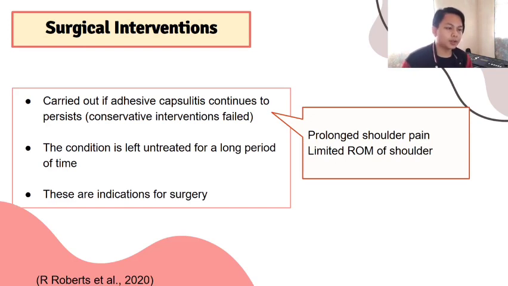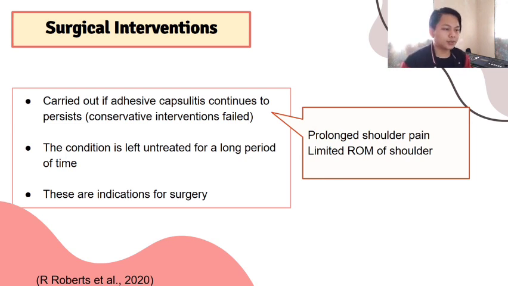So surgical methods will be carried out if the adhesive capsulitis still continues to persist, in which conservative interventions that have been carried out throughout the patient's treatment plan fail to achieve their goals. This also means that the patients, even after their treatment plan, still suffer from prolonged shoulder pain and also limited range of motion of the shoulder.